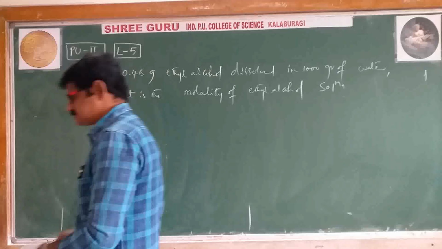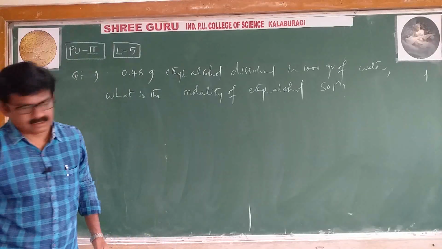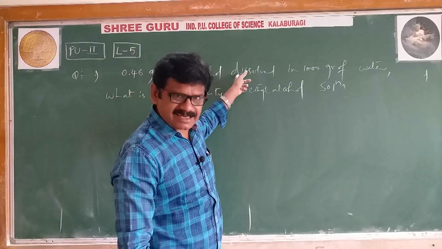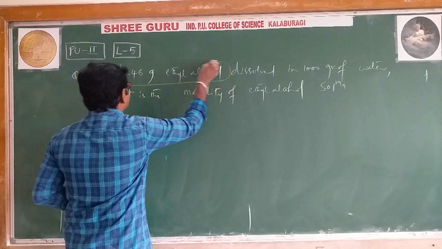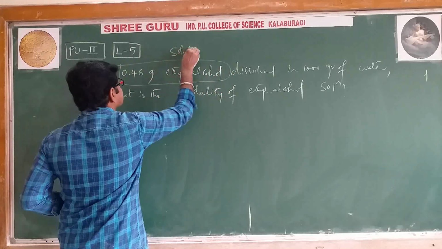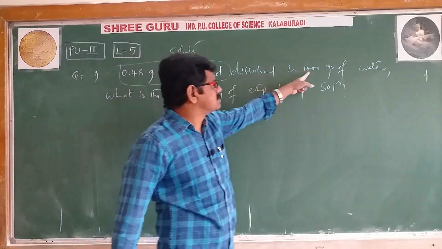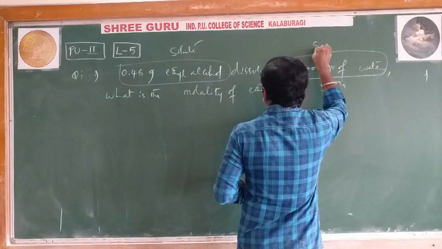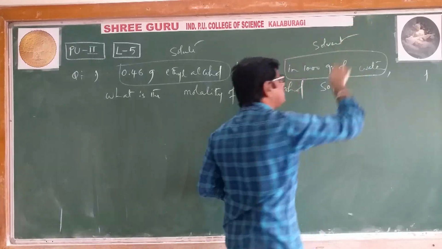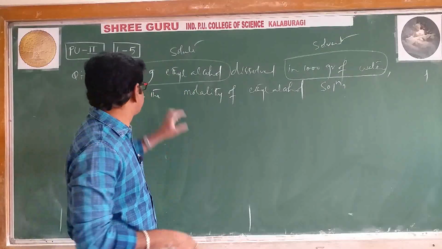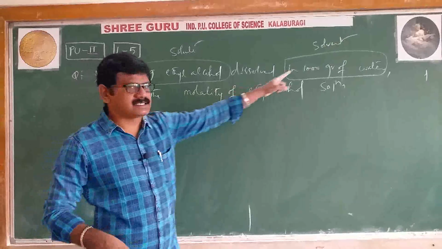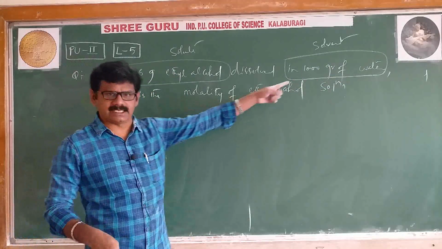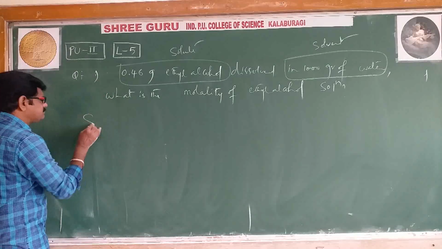That's it. We'll see, it's a solution part. 0.46 grams of ethyl alcohol. Ethyl alcohol is of course a solute, and the solute mass is given, dissolved in 1000 grams of water. 1000 grams of water is nothing but the solvent mass. Solute mass is there, solvent mass is also given. What is the molality? Right, first we will write the data.